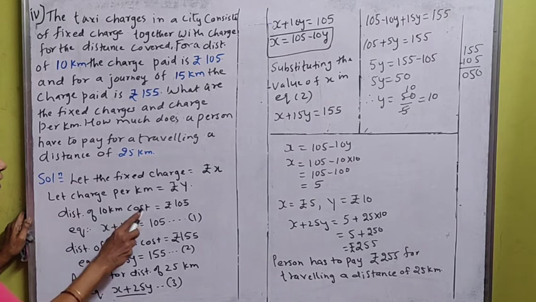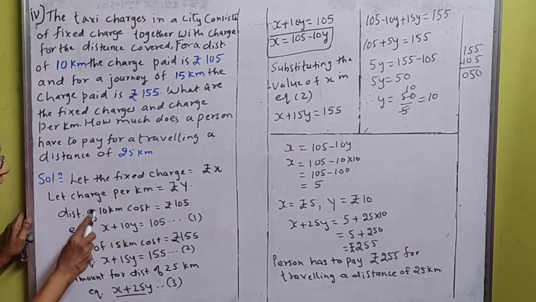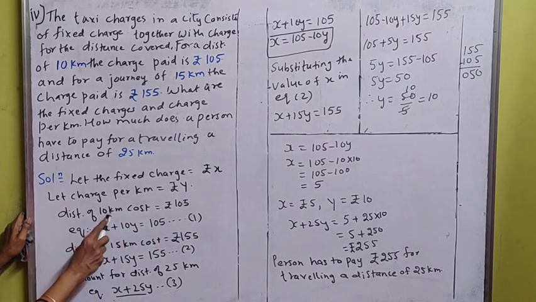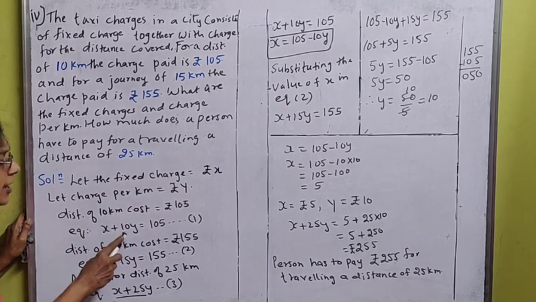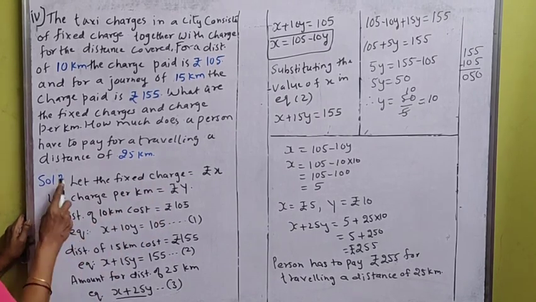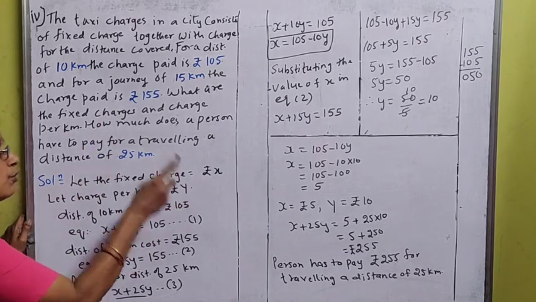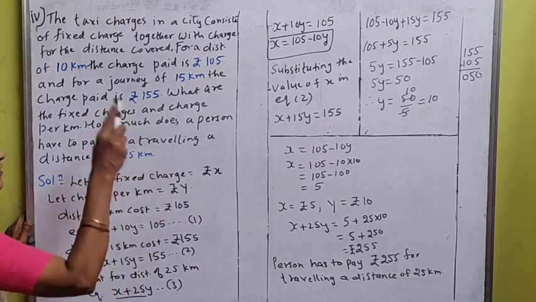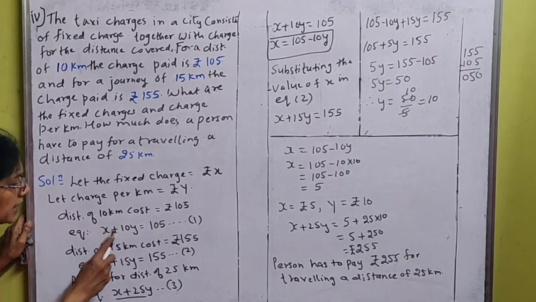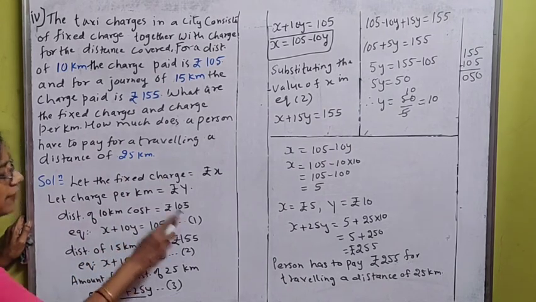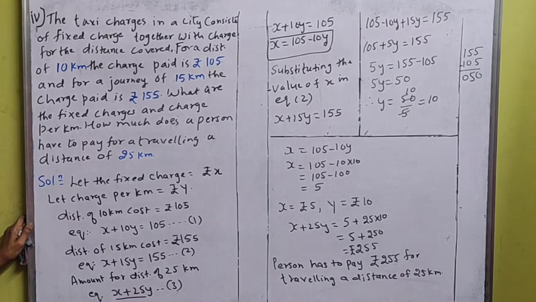A distance of 10 km costs rupees 105. For 10 km, the charge per kilometer is y rupees, so it becomes 10y, and the fixed charge you have to give. So the equation is: fixed charge plus charge per kilometer, x plus 10y is equal to 105. This is equation number 1.